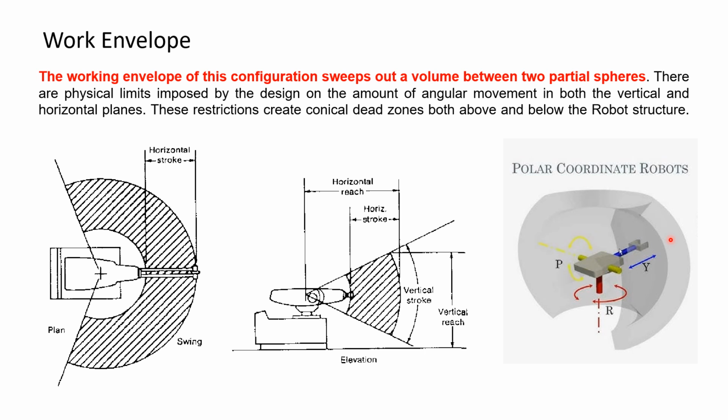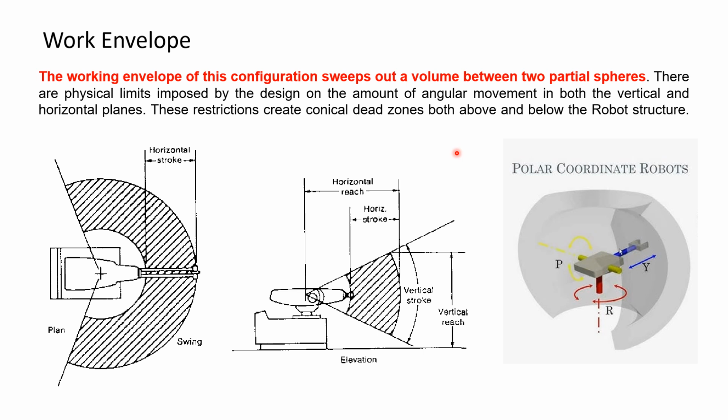So there are physical limits imposed by the design on the amount of angular movement in both the vertical and horizontal planes. These restrictions create a conical dead zone both above and below the robot structure. As we saw in the cylindrical robot also, they create a dead zone, and the dead zone is nothing but the restricted space.